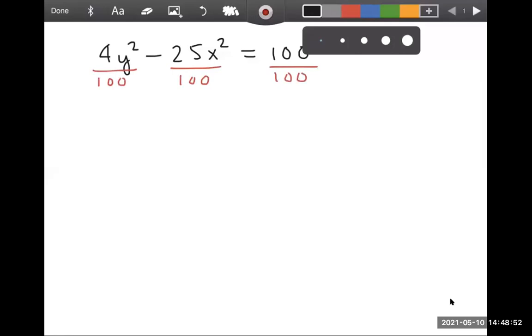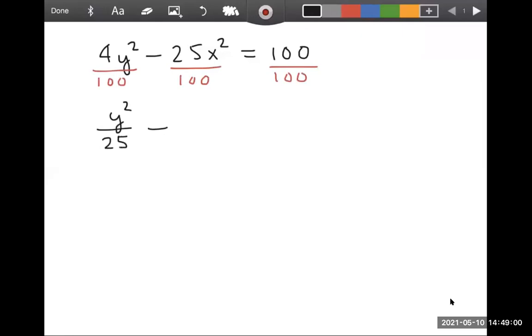And that is going to make this equation y squared over 25 minus x squared over 4 equals 1. Because this equation has the form y squared over b squared minus x squared over a squared equals 1, this is a hyperbola that opens up and down like this.